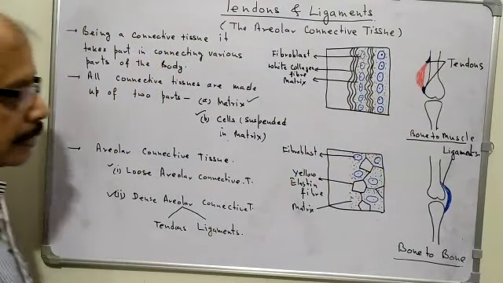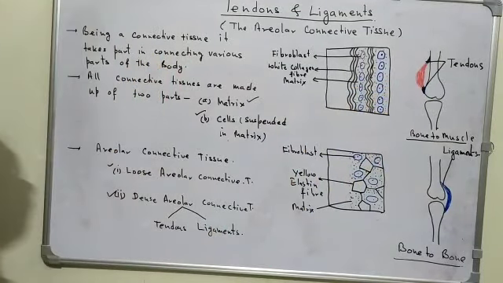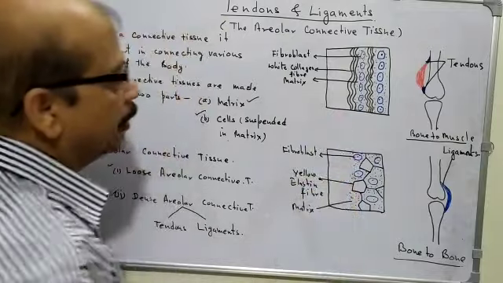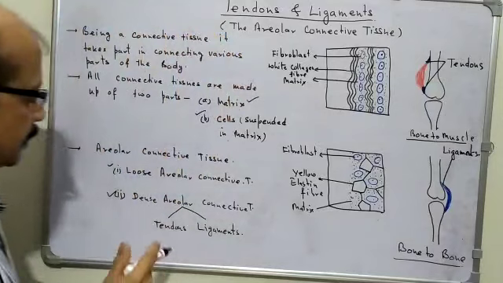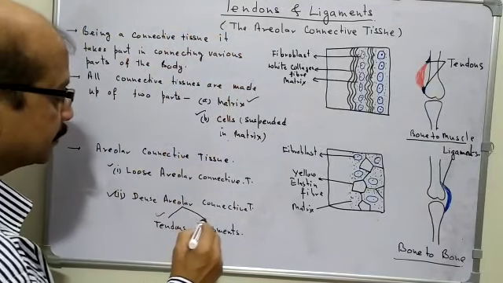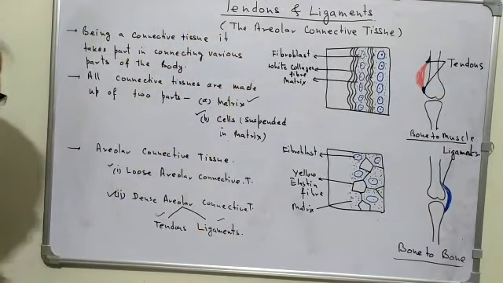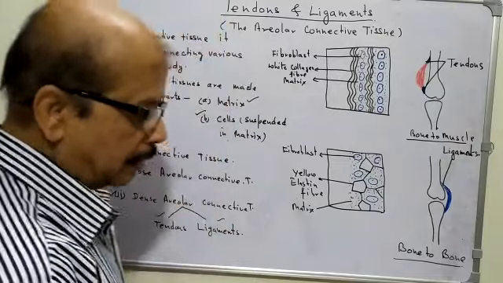So here are the two types of dense areolar connective tissue. First is tendons and second is ligaments. Now we will talk about them one by one.